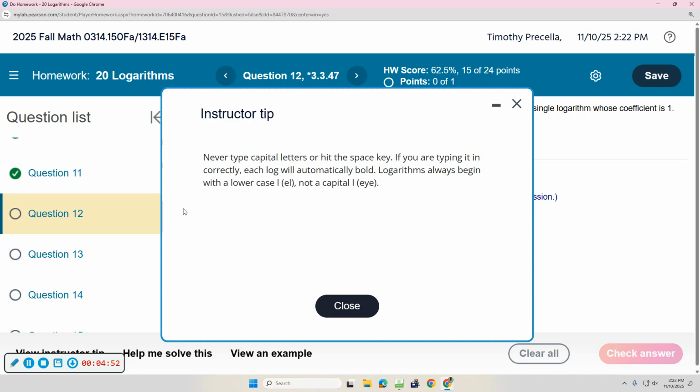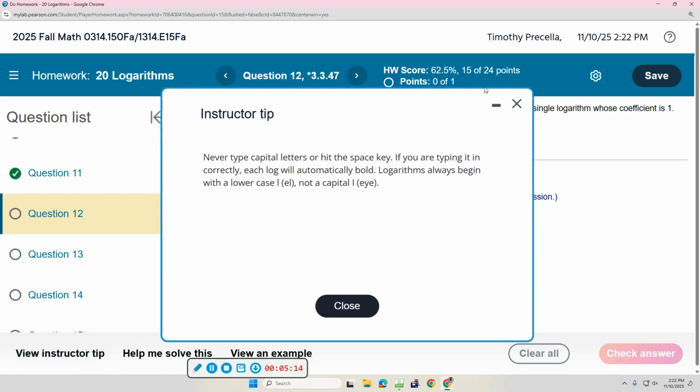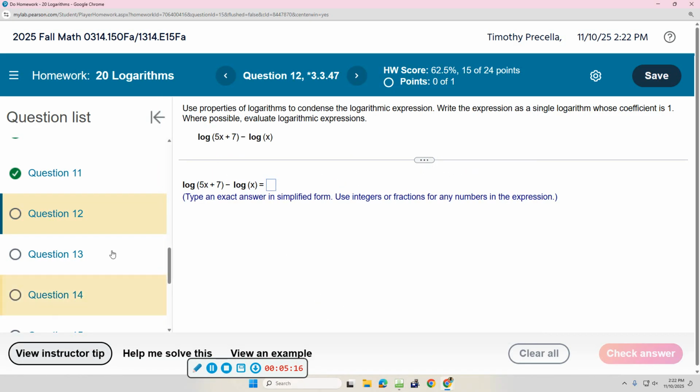Logarithms always begin with the lowercase l, not a capital I. It only shows that the first time you click. After that, if you want to reread my little note, it's down there. View instructor tip. But it'll only show the first time.